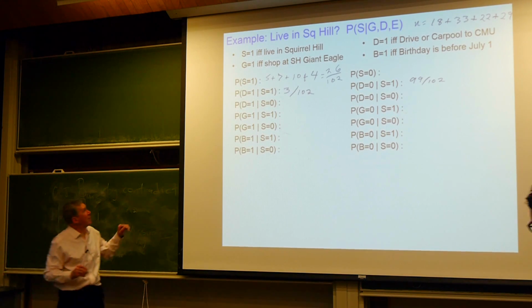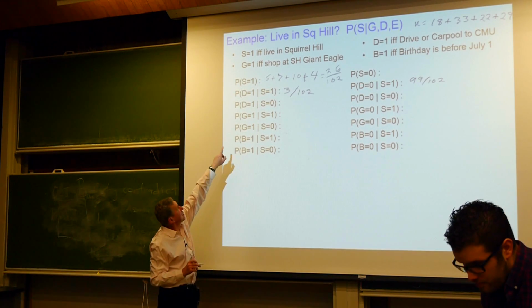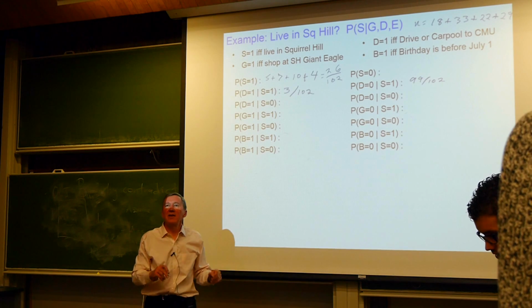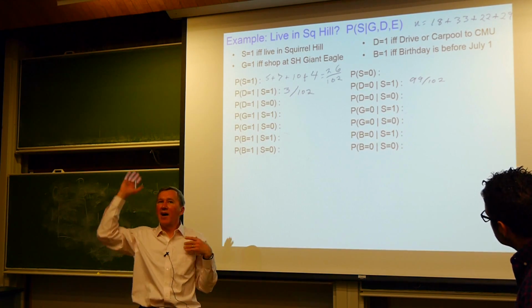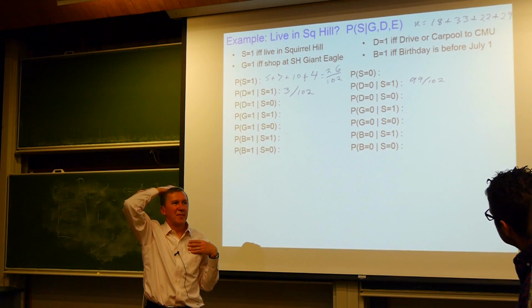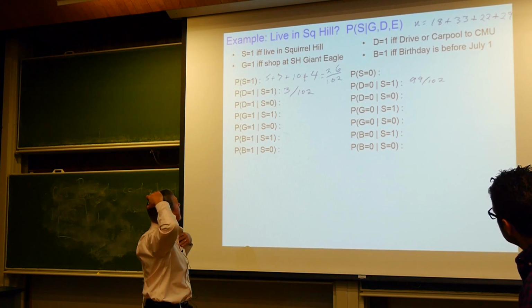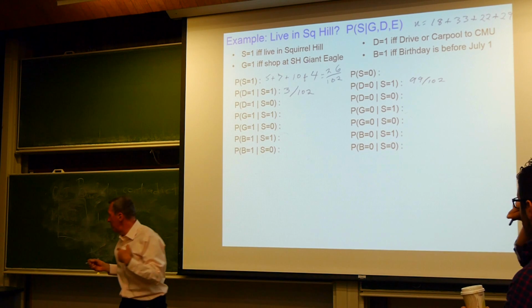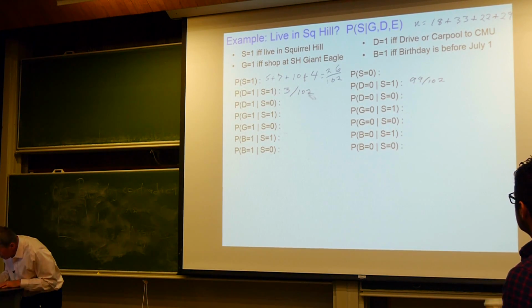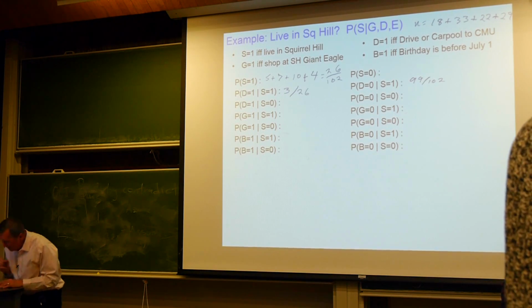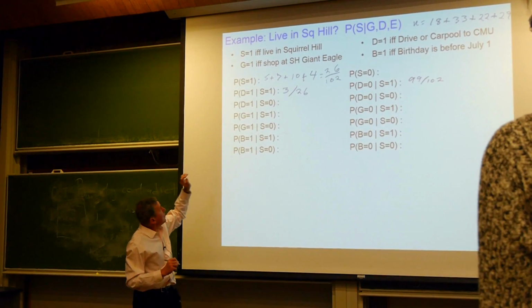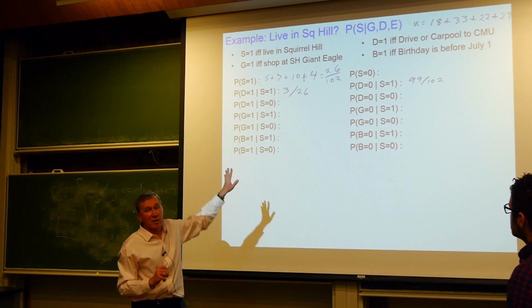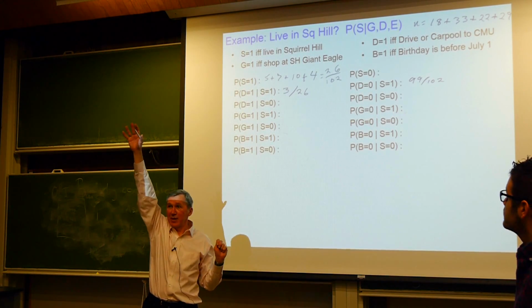And if you do not live in Squirrel Hill and you drive to work or carpool to work, raise your hand. Should it be 3 over 26? Thank you. You guys are better at this. If you do not live in Squirrel Hill, but you drive or carpool to work with some frequency, raise your hand.